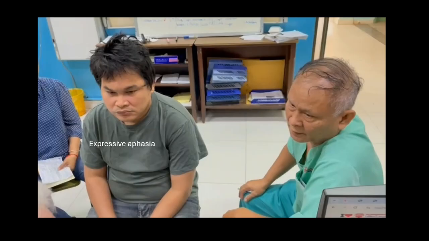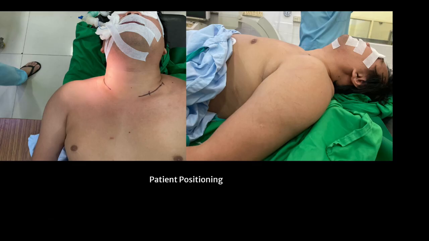This is the patient positioning for the contralateral C7 done under general anesthesia, ensuring that within 10 minutes there are no neuromuscular blocking agents, as we will be stimulating to detect the contralateral C7.